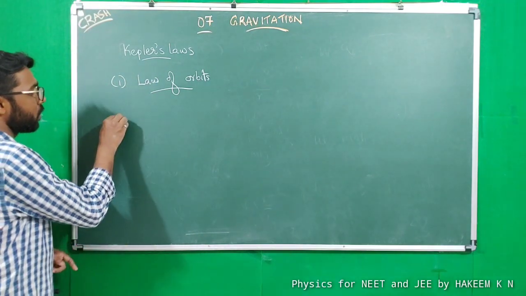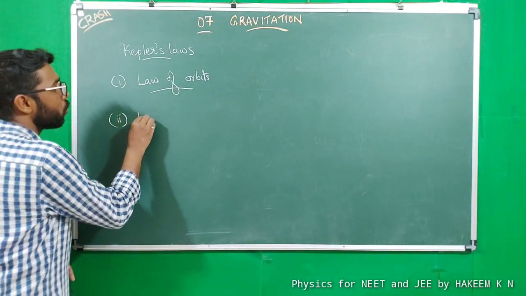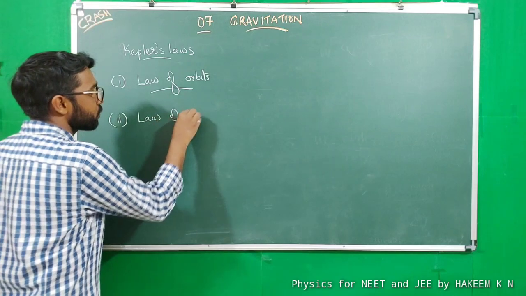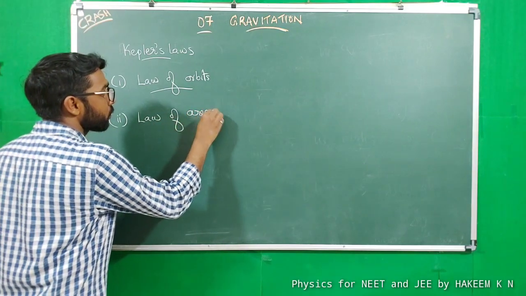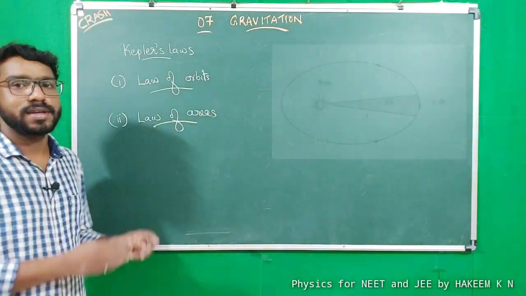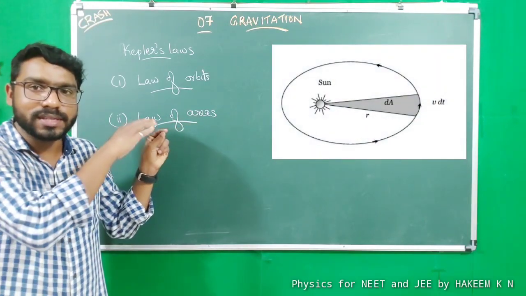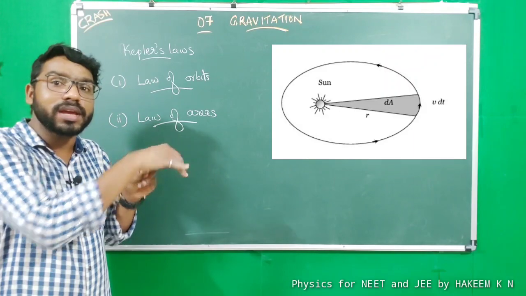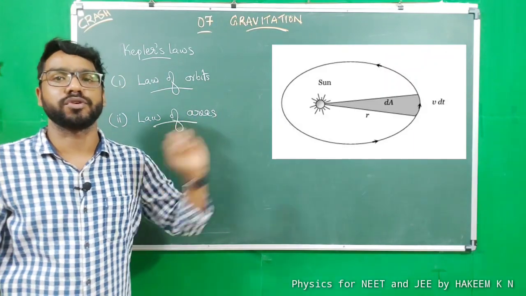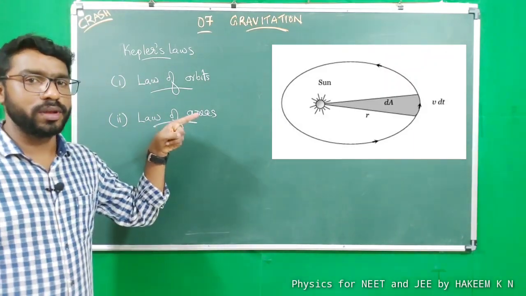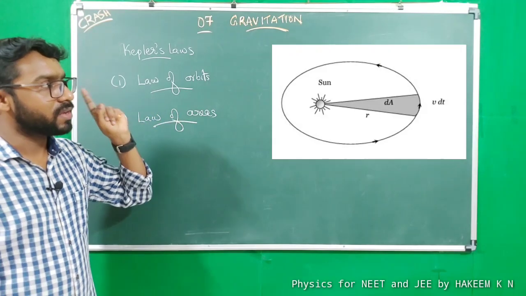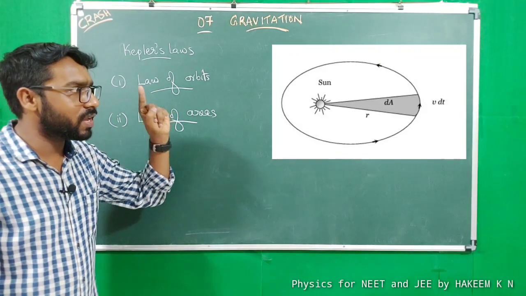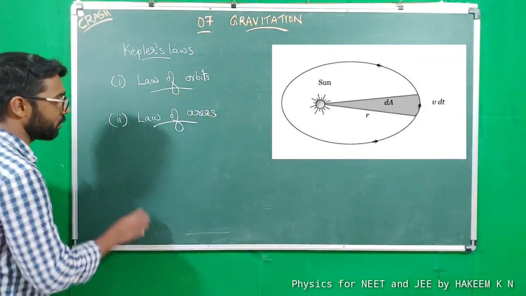And second one is law of areas. The line joining the sun and the planet sweeps out equal areas in equal intervals of time.